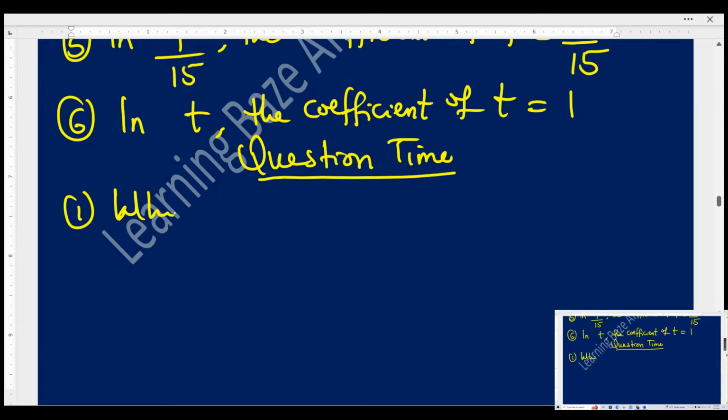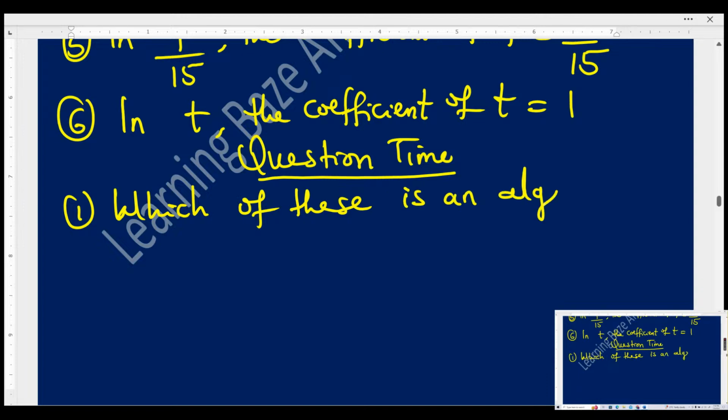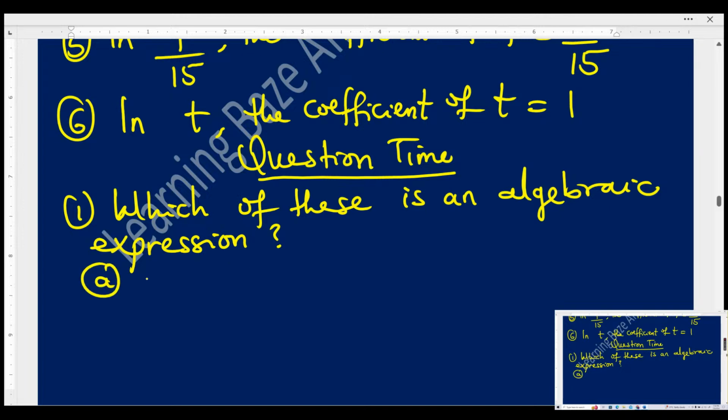So which of the following is an algebraic expression?